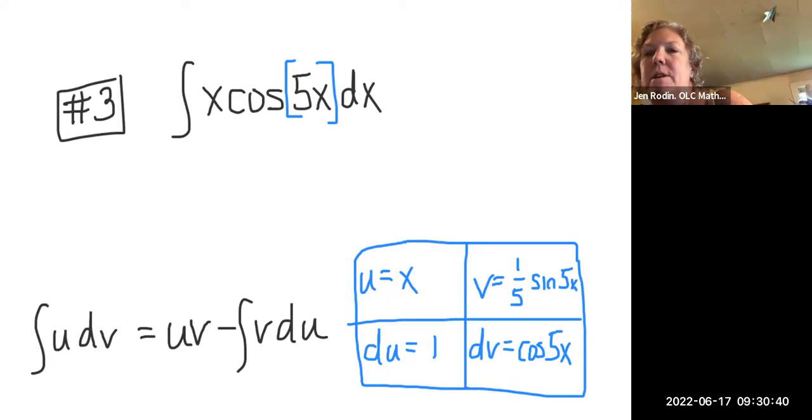There. If we look at this v, the derivative of that would be 1/5 times cosine 5x times 5. And the 1/5 and the 5 would cancel out. We'd end up with this. So that's what we want to make sure. We can always double check. Is the derivative going to equal this? Is the integral going to equal this? When they're a little weird like that.